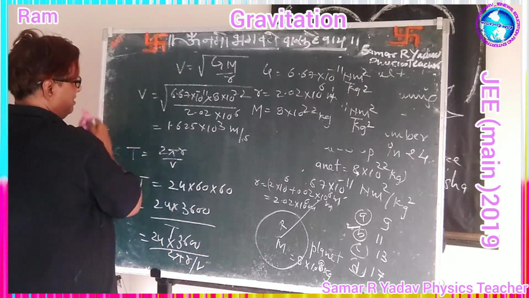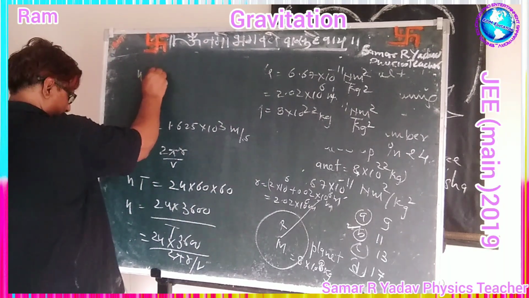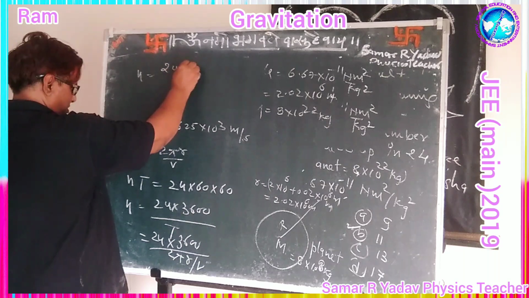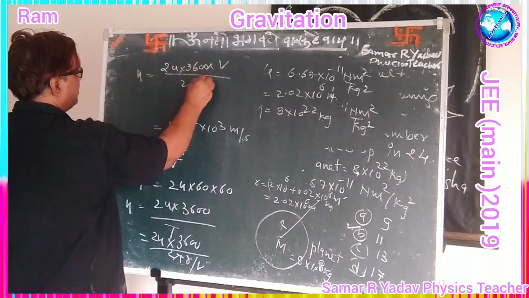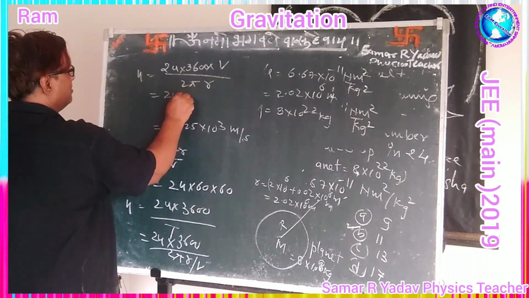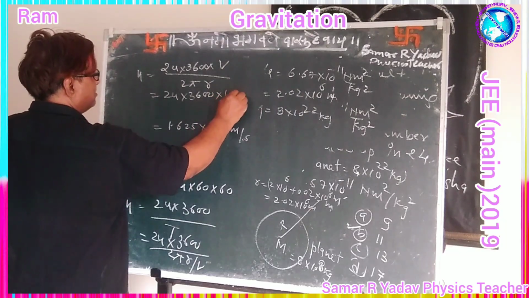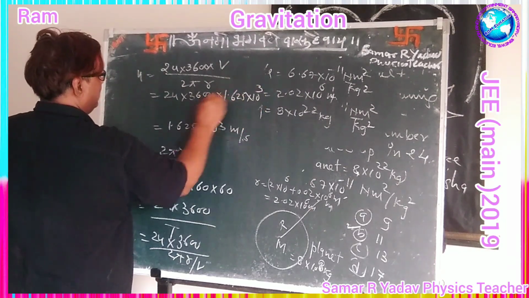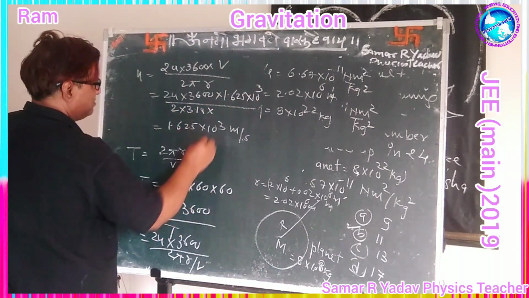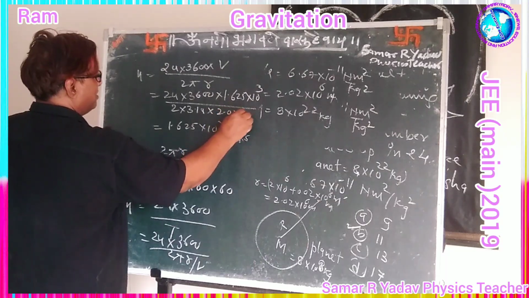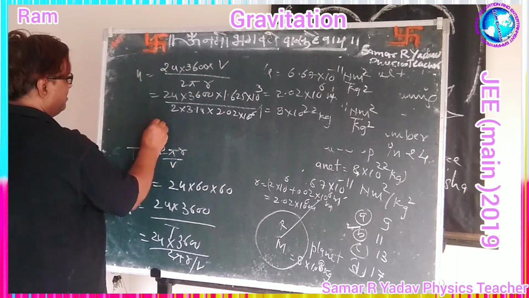Therefore n is equal to 24 × 3600 × v divided by 2πR, which is 24 × 3600 × 1.625 × 10^3 divided by 2 × 3.14 × 2.02 × 10^6. Simplifying, we get 11.